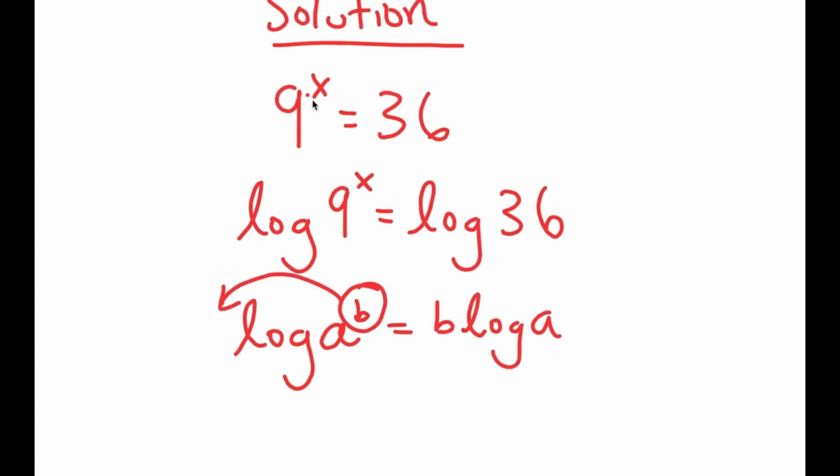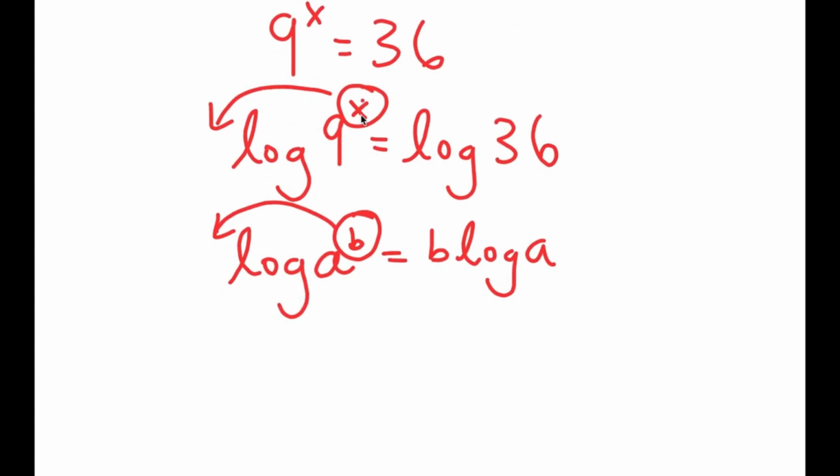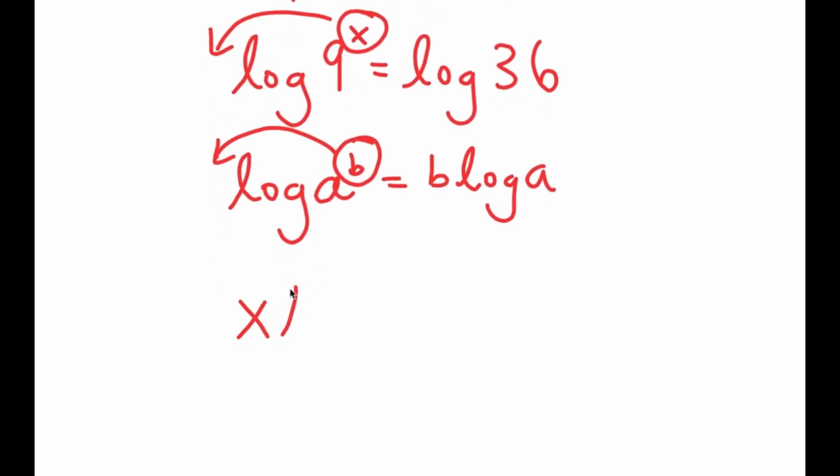So before, x was an exponent, and it's almost impossible to solve the equation in that form. But now we can move x to the front, and now it's much easier to solve for x. So now I get x times log 9 is equal to log 36.